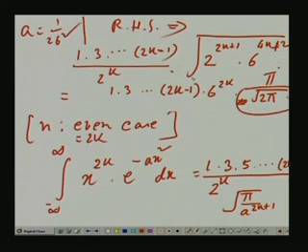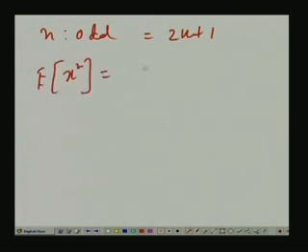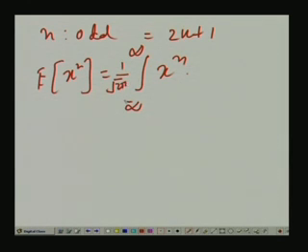But when n is odd, then what happens? That is very simple actually. If n is odd, say n is equal to twice k plus 1, then x to the power n, maybe I can make it a little simpler.